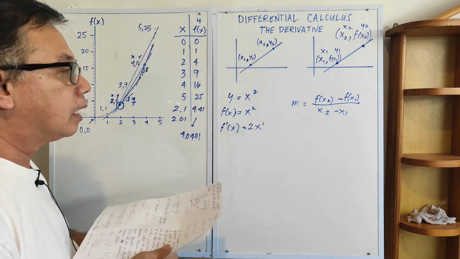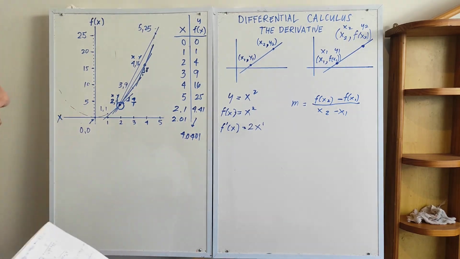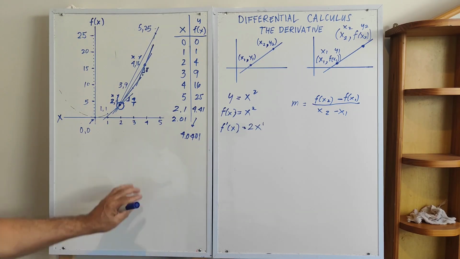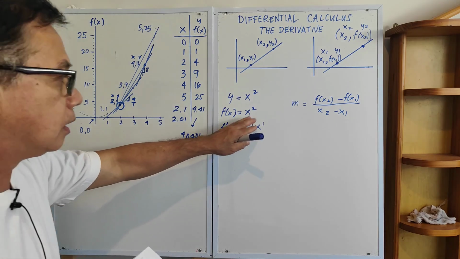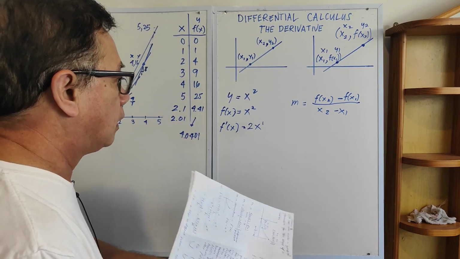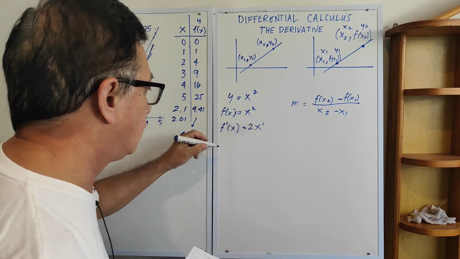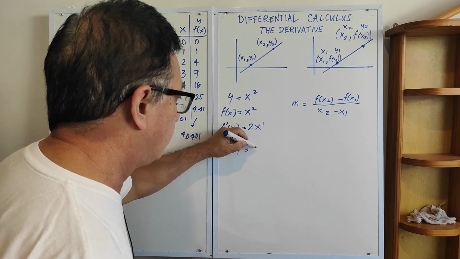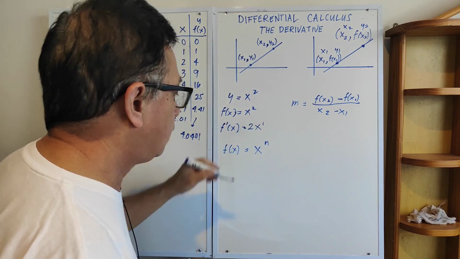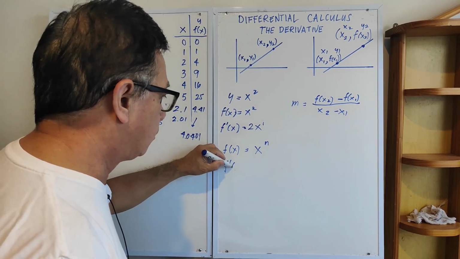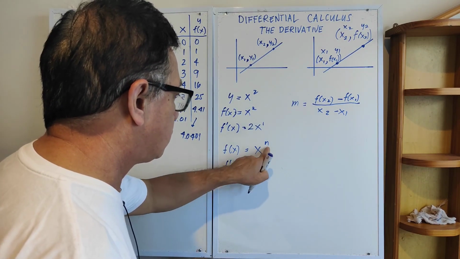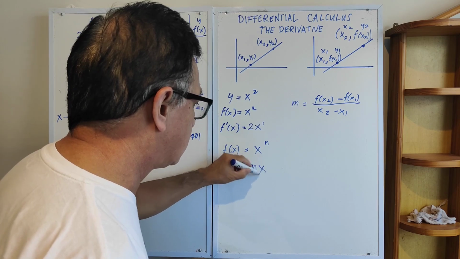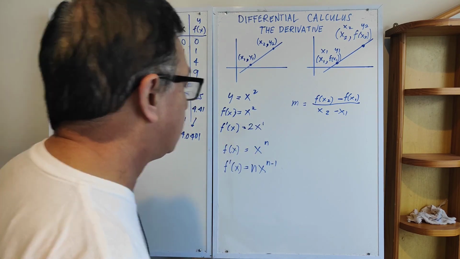Now we can make a general rule on how to derive the equation without using the difference quotient by using a shortcut. So in general, using this analogy, if you have the function of x to the n, the derivative of that one will be, this one goes down to the front, so n times x to the n minus 1.